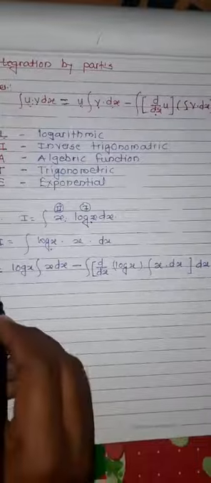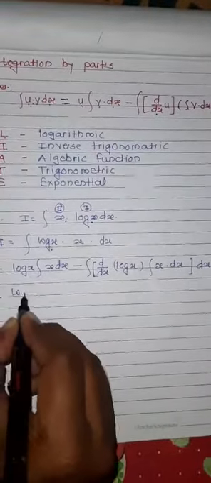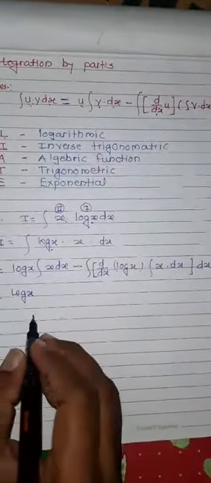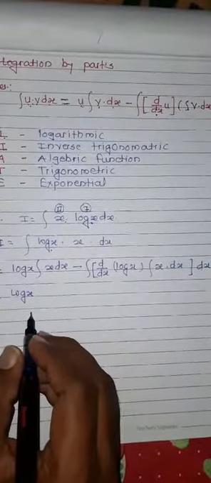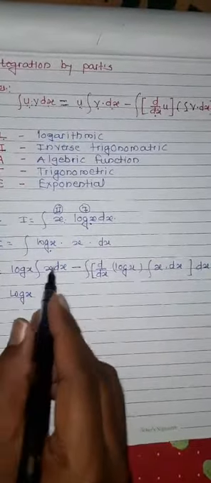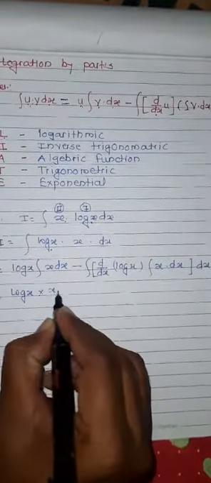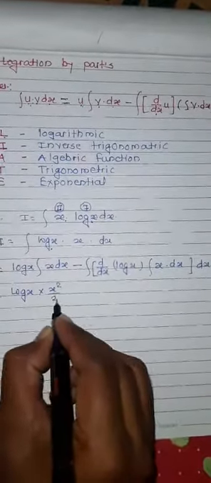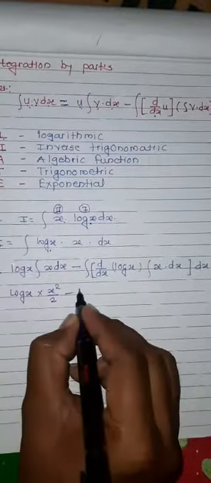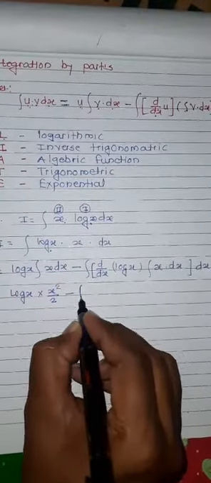Now how can it be solved? First, log of x is as it is, and the integration of x raised to 1 means x square divided by 2, minus again the integration sign.